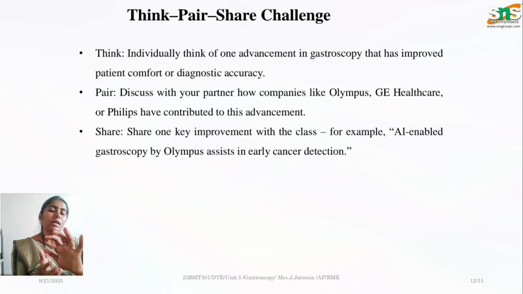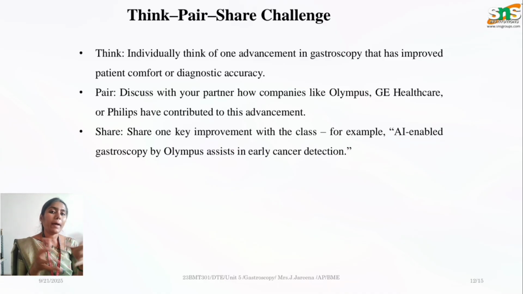Finally, I have a small activity for this topic, the Think Pair Share challenge, which is posted to the students. Individual students are asked to research one advanced technique in gastroscopy which has a big impact on patient comfort and diagnostic accuracy.